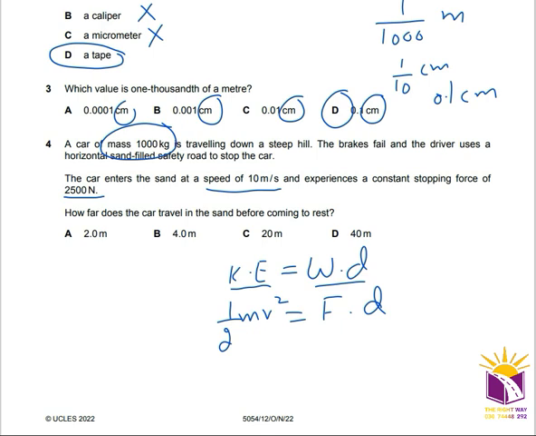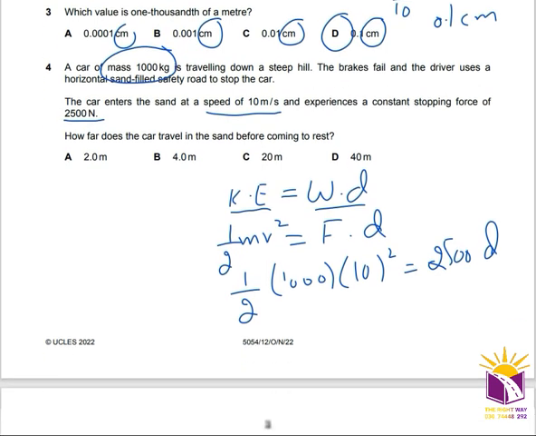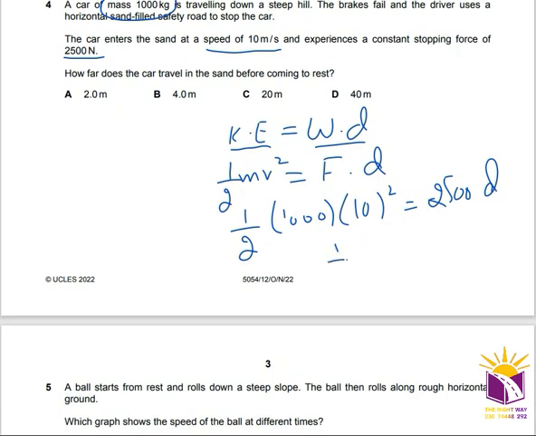So 1/2, mass is 1000, velocity is 10 squared, force is 2500 Newton, and d is the stopping distance after which the car comes to rest. This 2500 will be divided on the other side, and it will be equal to 1/2 times 1000 times 100, which is 10 squared, over 2500.